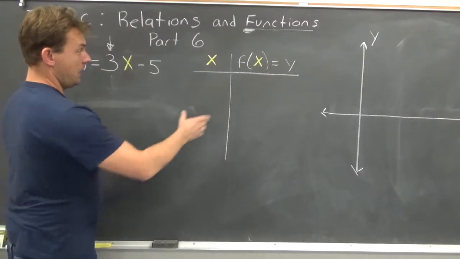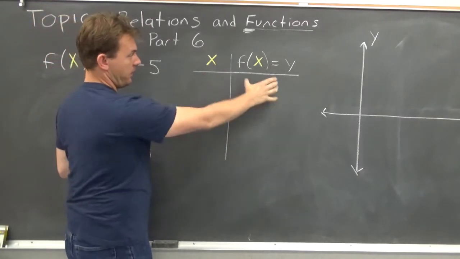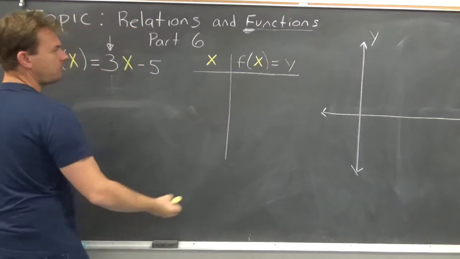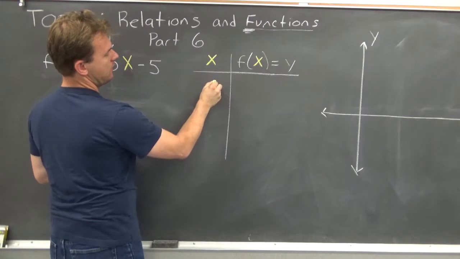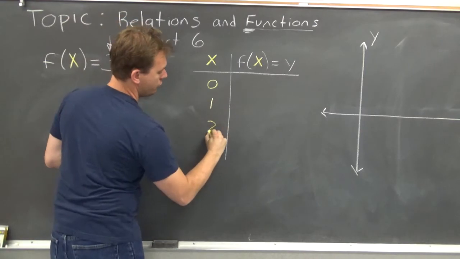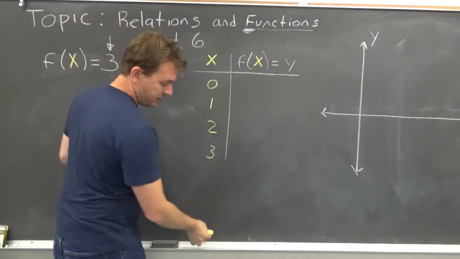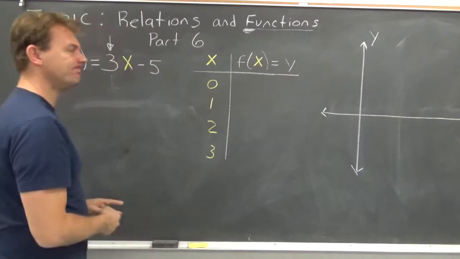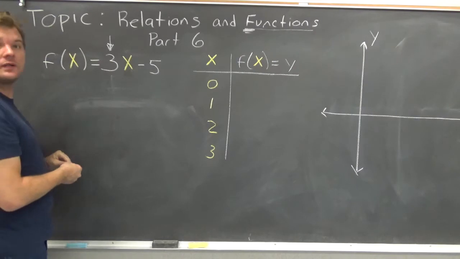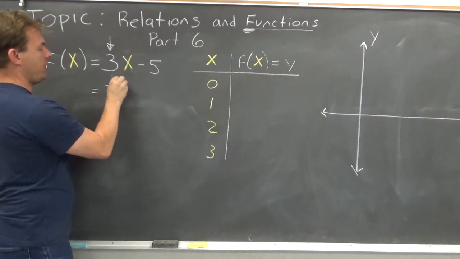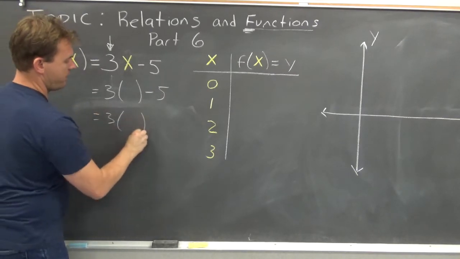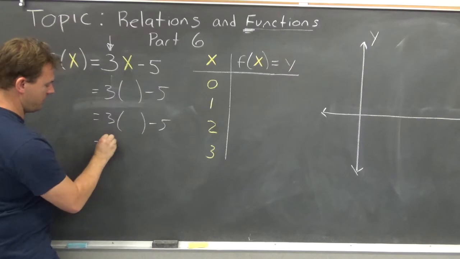Let's do this. Remember our t-table and our function, our output? Let's put some values in. What if we use 0, 1, 2, and 3? Just because those are easy numbers to calculate. Where are we going to put these inputs? Here, right? So what's always going to be there? 3 parentheses -5.